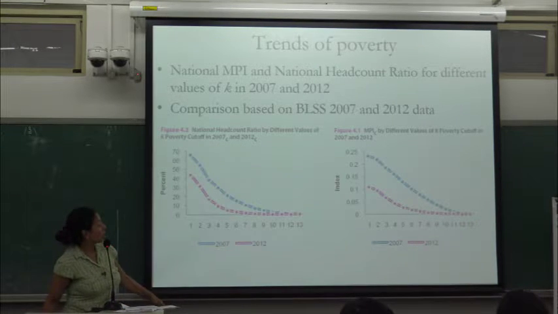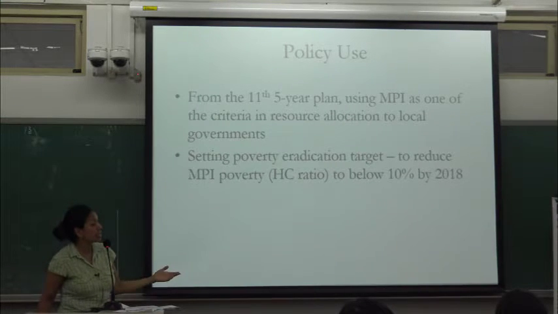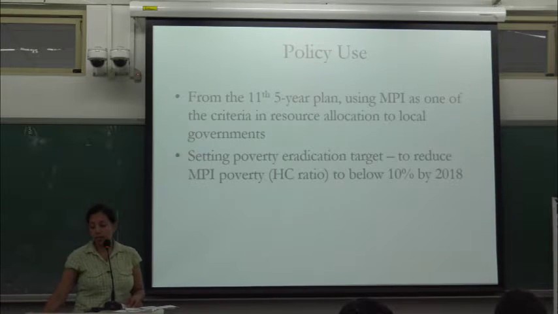They were able as well to show some sensitivity of the measure for different K cutoffs. And in terms of policy use, it has been used to allocate budget at local level and to set the eradication target of reducing poverty below 10% before 2018.